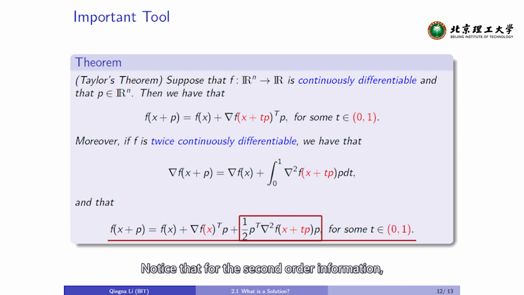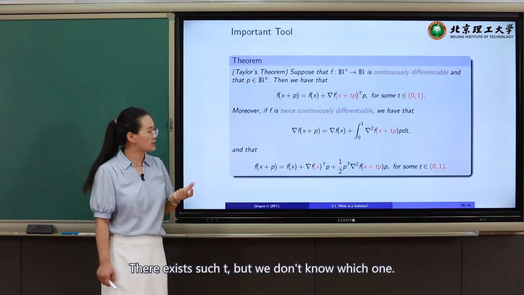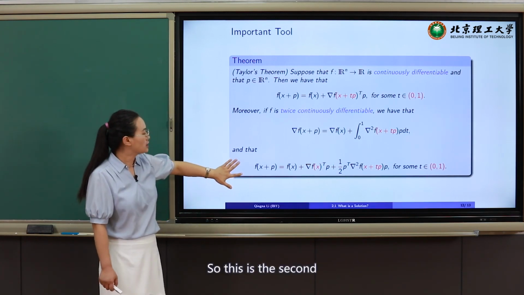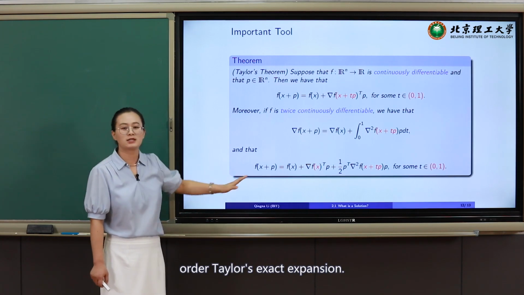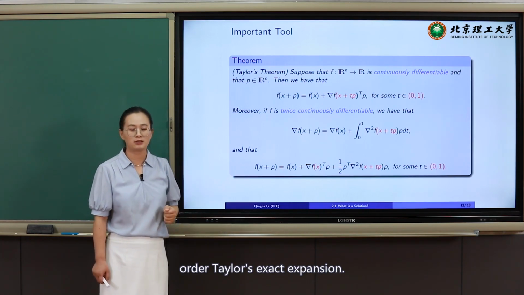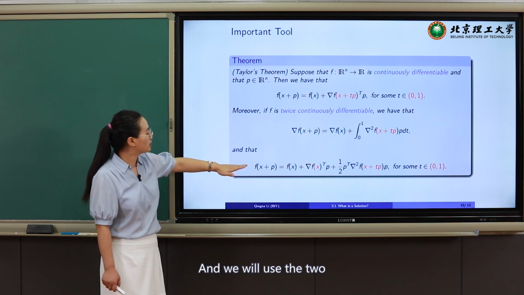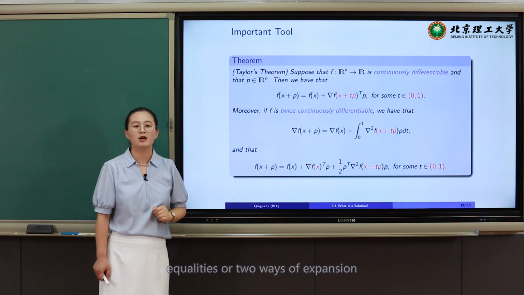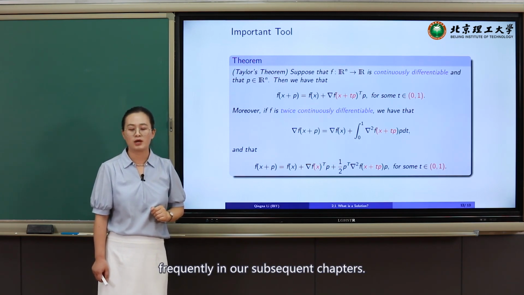Notice that for the second order information, the Hessian matrix takes its value at x plus tp, where t is some constant between 0 and 1. Such a t exists, but we don't know which one. So this is the second order exact Taylor expansion, and we will use these two expansions frequently in our subsequent chapters.